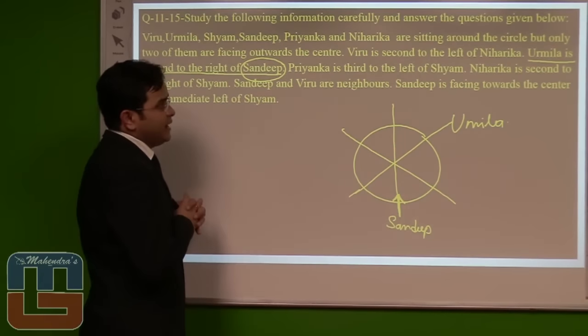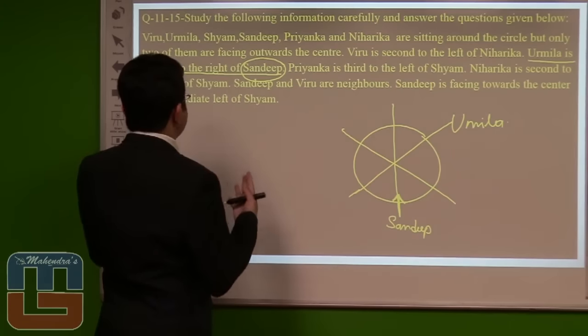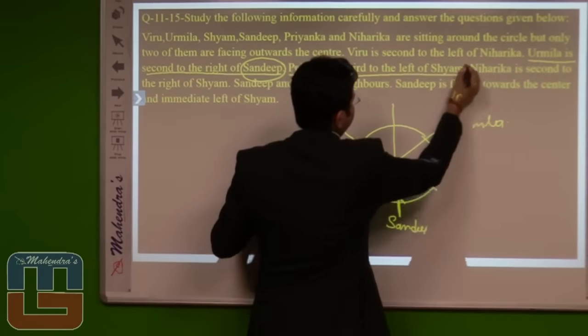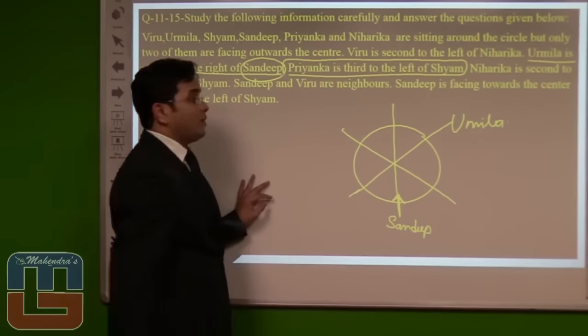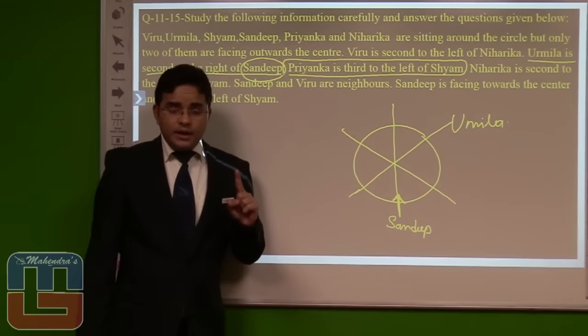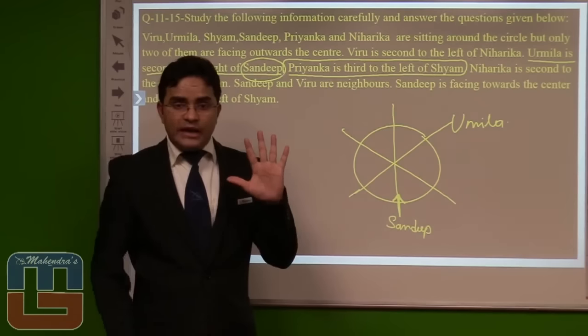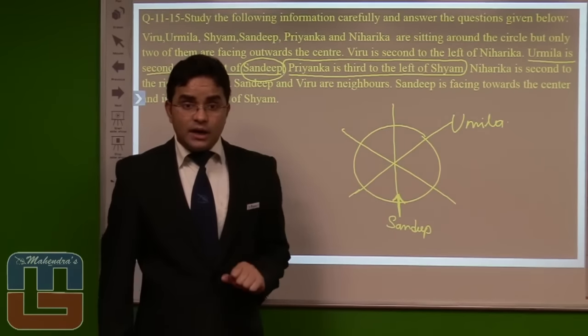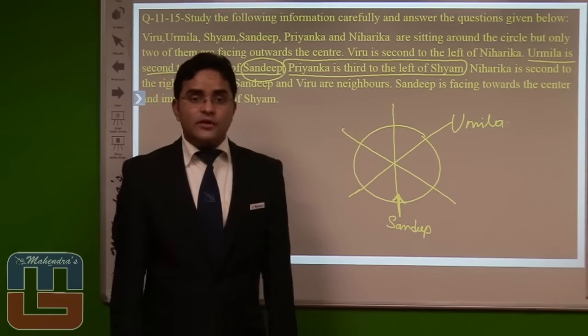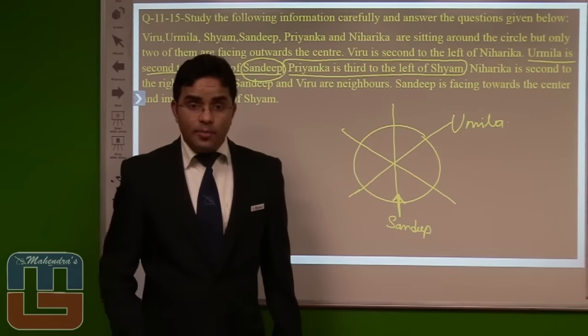Next statement, you can check which statement to pick next. Here: Priyanka is third to the left of Shyam. This kind of statement always helps. How? Remember, if 6 people are there, then third right or third left means opposite. If 8 people are there, fourth right or fourth left are opposite.